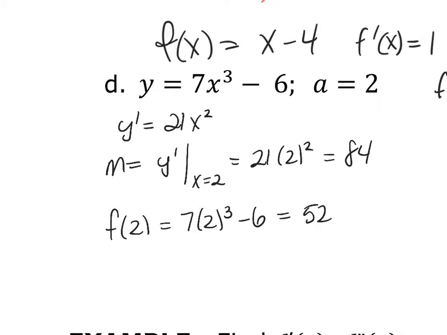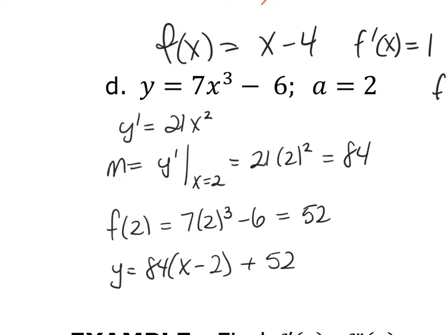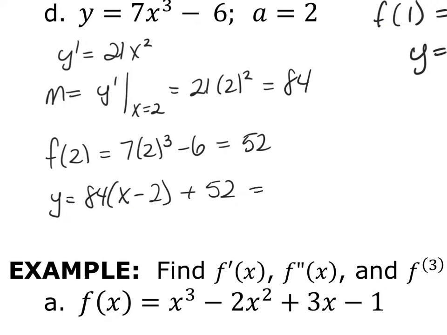Now the equation of my tangent line is y is equal to my m, times x minus my a, plus my f of a. Finishing this off, I have y is equal to 84x, and then I have 2 times 84, which is a negative, plus 52. So what is the final answer? 84 minus what? It's not 52, it's 50.